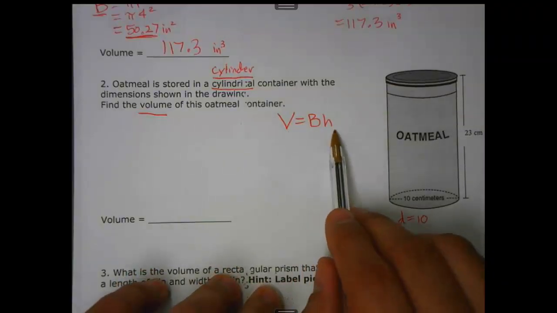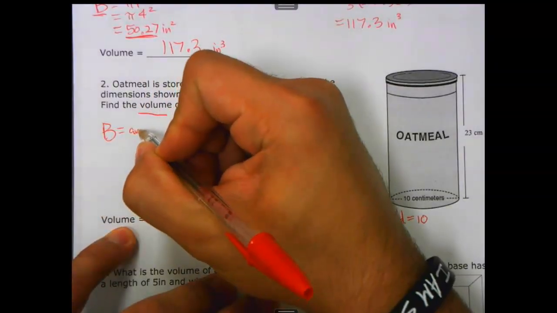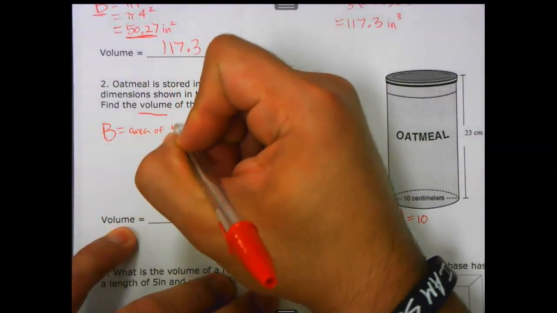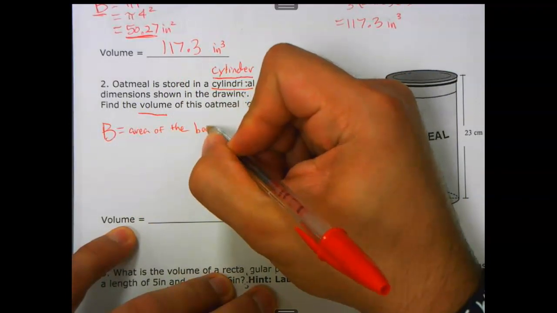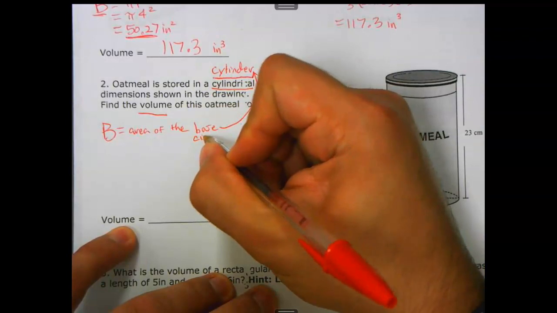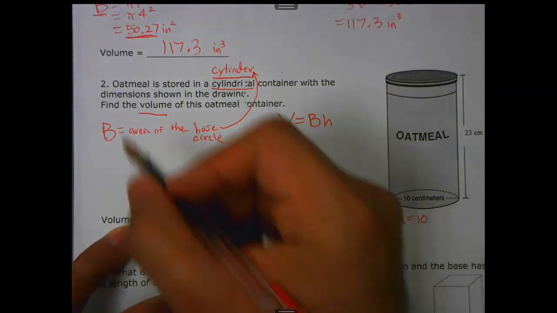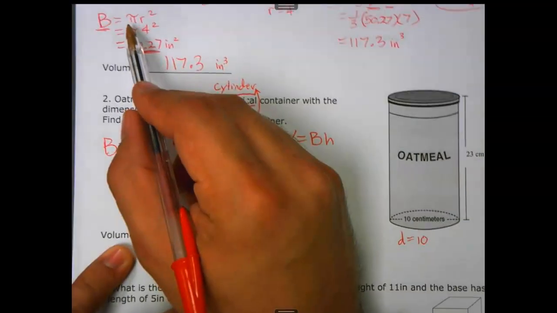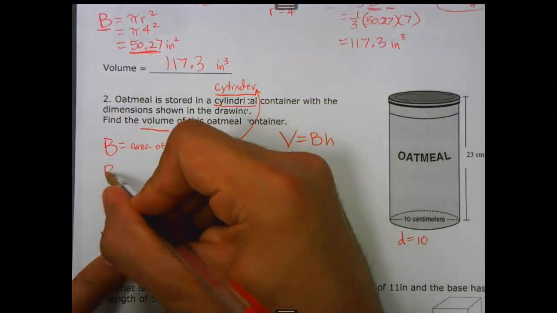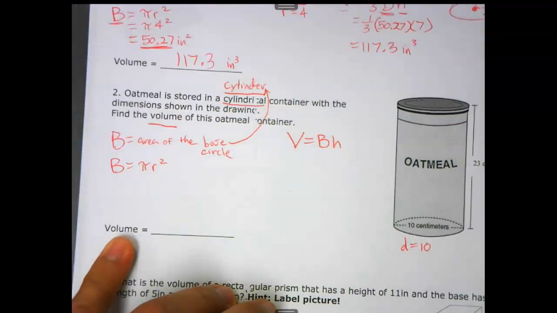Once again, big B is the area of the base, and the base of a cylinder is a circle, yet again, right? Circle on the bottom. We know the area of a circle from number 1 is pi r squared.